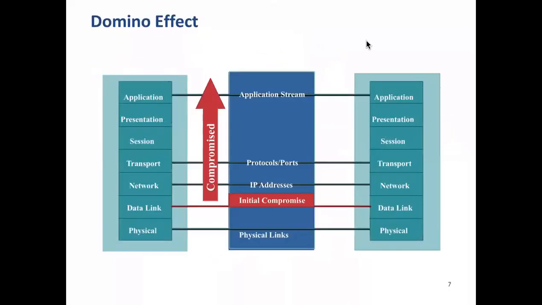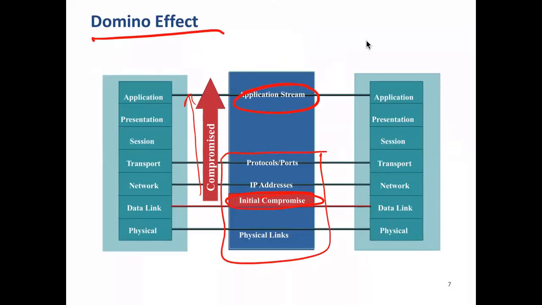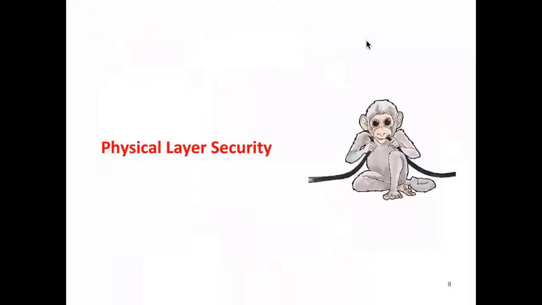This diagram shows that there's a domino effect. If something is compromised at a lower level, all layers are compromised. We need to remember that. So we cannot just improve the security of the application layer and expect everything to improve. All these layers have to be secured to provide security to higher layers.